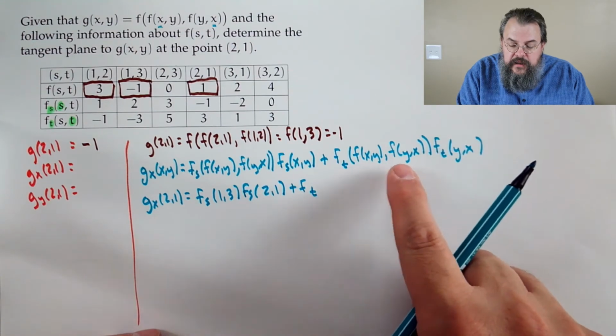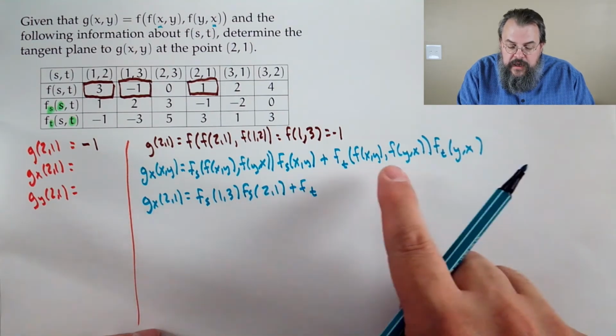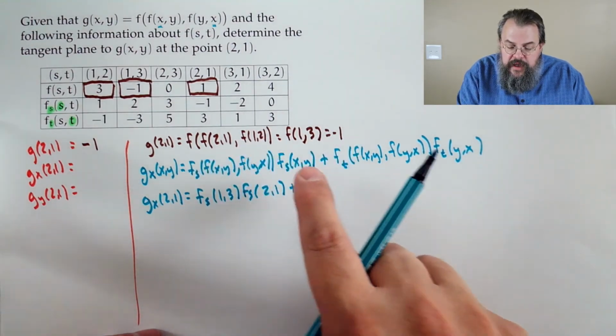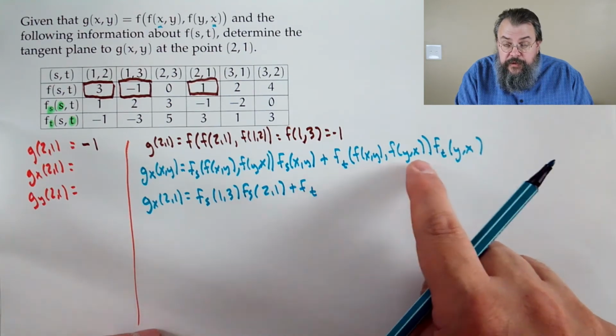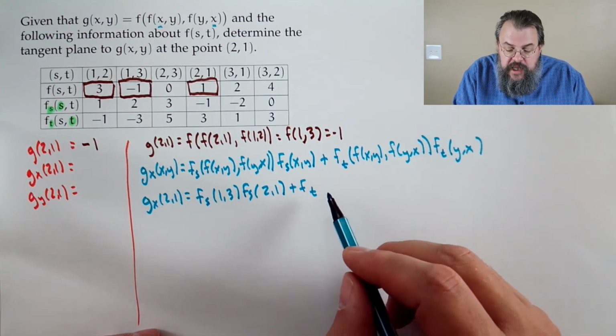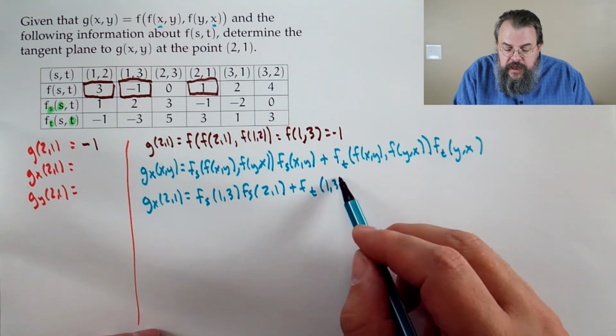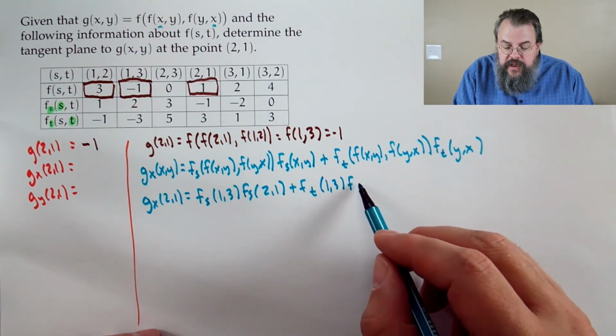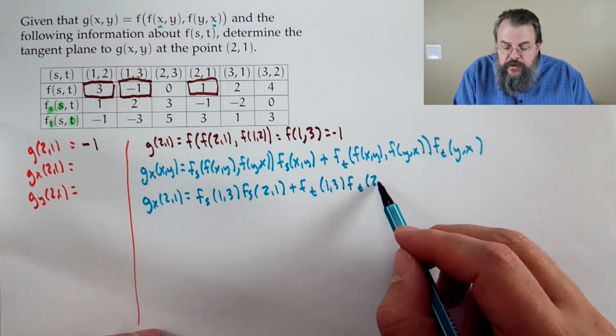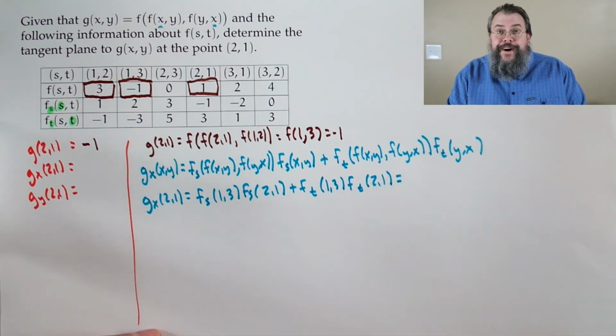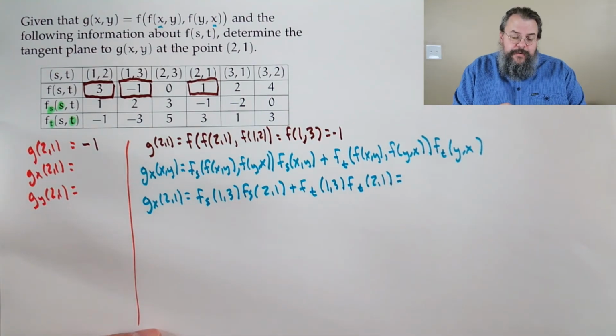And again, when we plug in (2, 1), it's the same thing as when we plug in (2, 1) up here, which means it's going to become (1, 3) again. So f sub t at (1, 3) and f sub t at (2, 1).